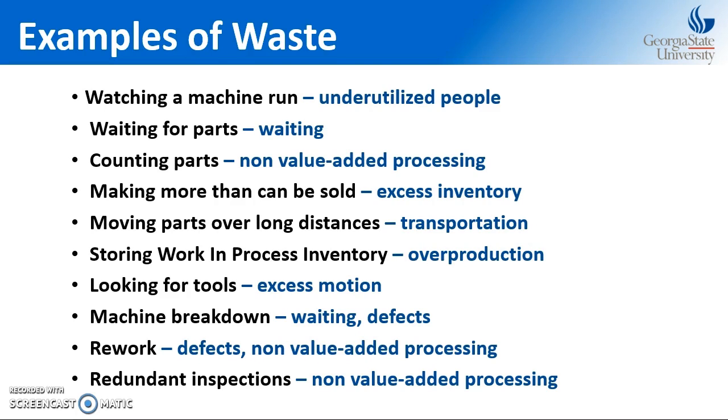That's classic overproduction. If you are in a factory setting and you're looking for tools, that's excess motion. This doesn't mean you're scouring the whole factory floor for your tool. It is simply, instead of it being immediately up and to the left so you can just grab it and know where it is, you have to scan and see where it is. If that frequently happens, you're wasting a lot of time.